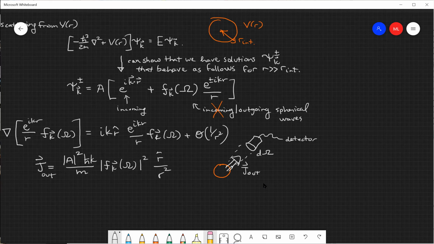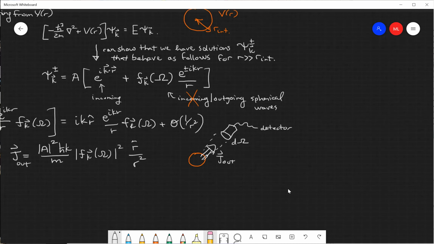So we want to know the number of actual particles that we detect due to this outgoing flux. And the number of particles we detect there is just going to be the probability flux dotted into the surface area presented by the detector.